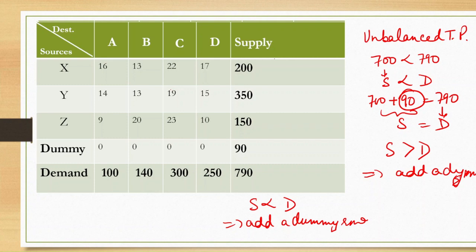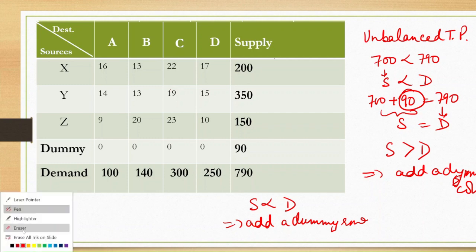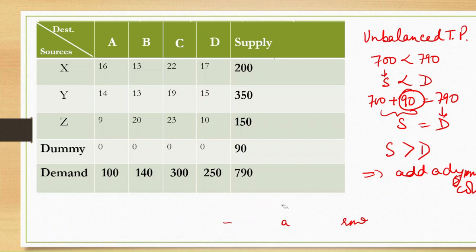The dummy column would also have the same cost 0, but the total demand would be that number which makes the supply and the demand equal. So let's move ahead and see how we can find the solution using the VAM method in this case. Let us calculate the penalty here.